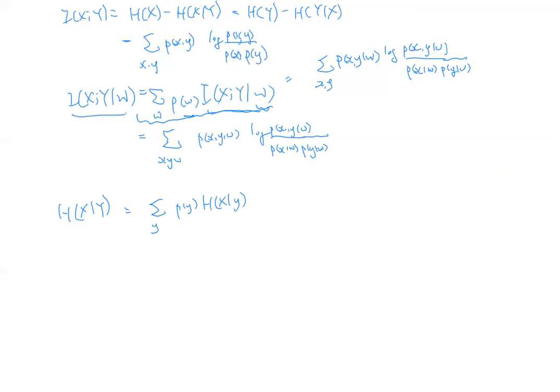But here we can simplify a bit more. I will argue this is actually just equal to H(X given W) minus H(X given Y and W). Let's see if I can show that.